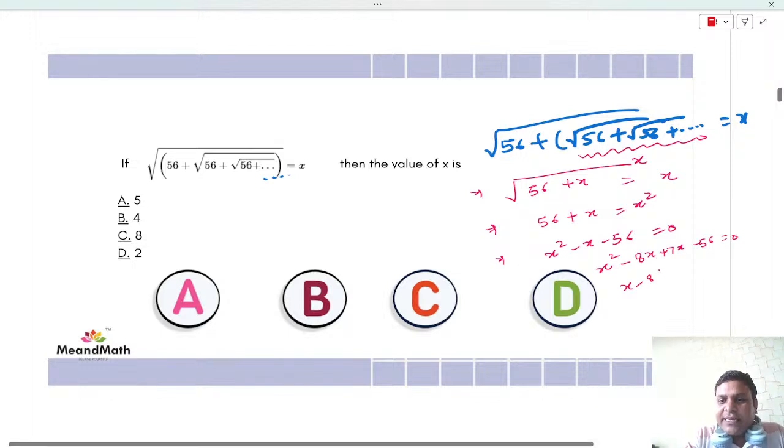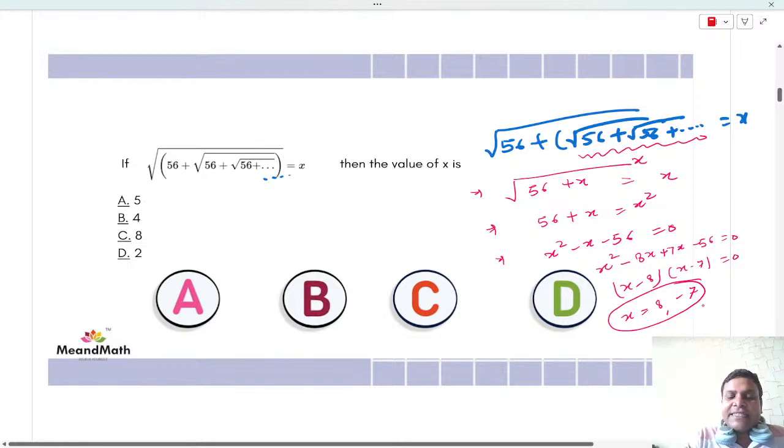So (x minus 8) and (x plus 7) is equal to 0. So x is equal to 8 and minus 7. There are two answers of x, 8 and minus 7. Option 8 is available, so the answer is C here.